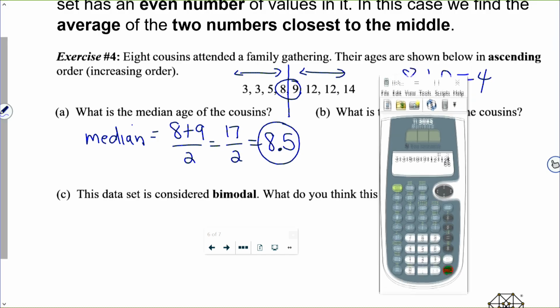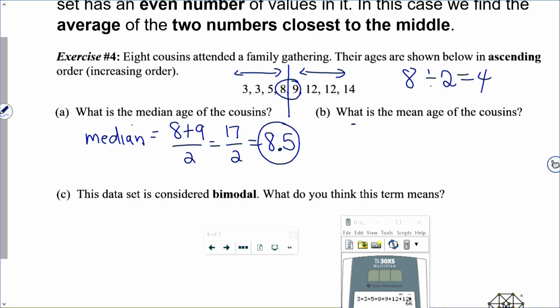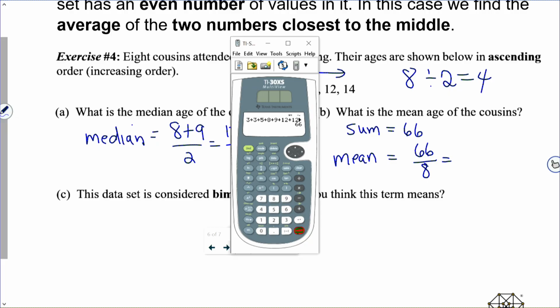All right. So the sum of their ages was equal to 66. So the mean will be 66 divided by 8. Let's see what that is. We can just do divided by 8 because it'll take my previous answer and do that. And that is 8.25.